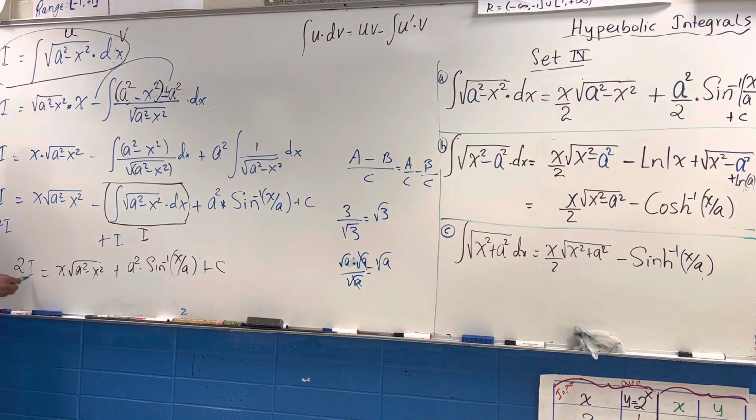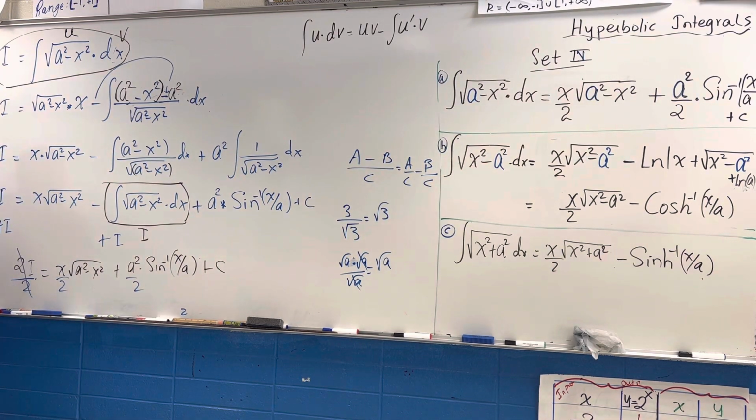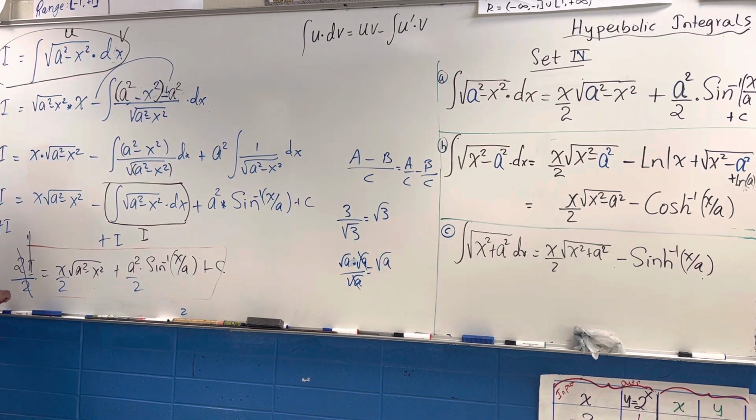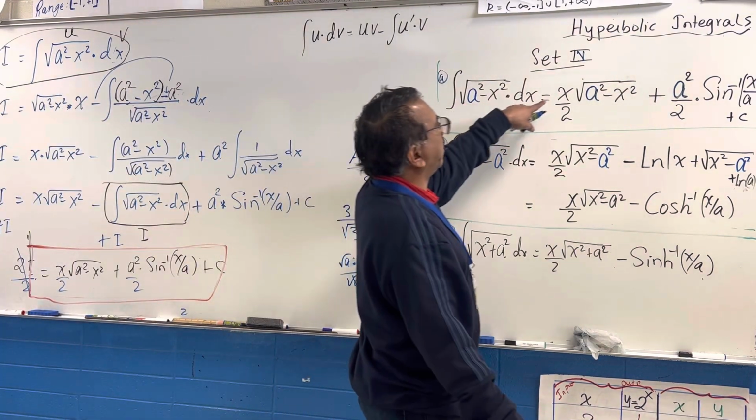And then divide by 2 both sides. So this I goes away, and you end up getting the integral I. That's the integral. See? x by 2 times this one, and a square by 2 sine inverse of x by a, and it's right here.